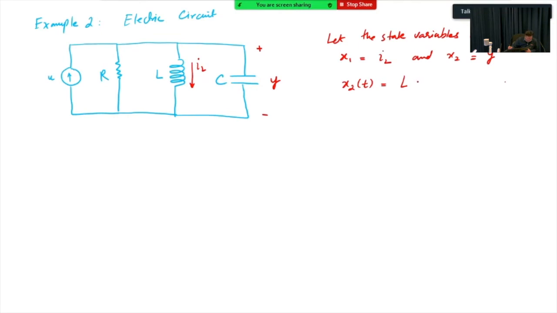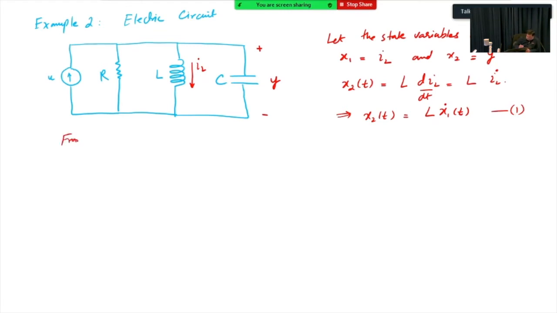So it is L dIL over dt, which is L times IL dot. Or in other words, because IL is x1, x2 of t is L times x1 dot of t. So this is your first equation.